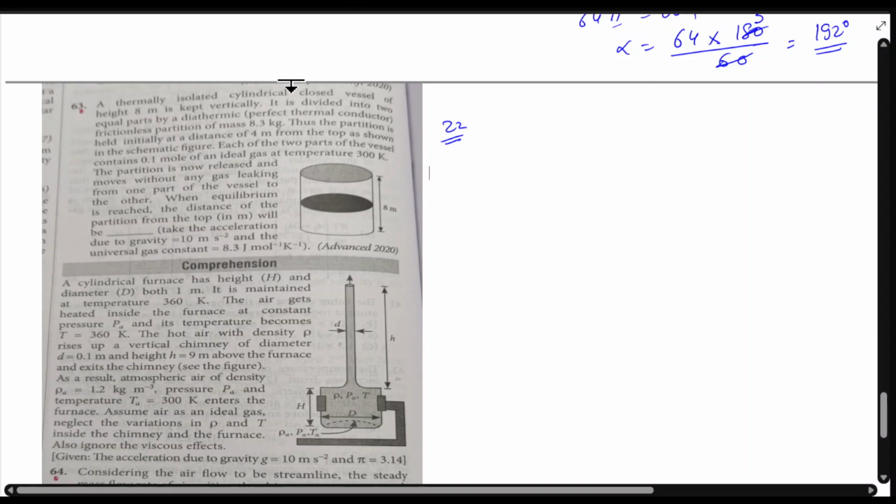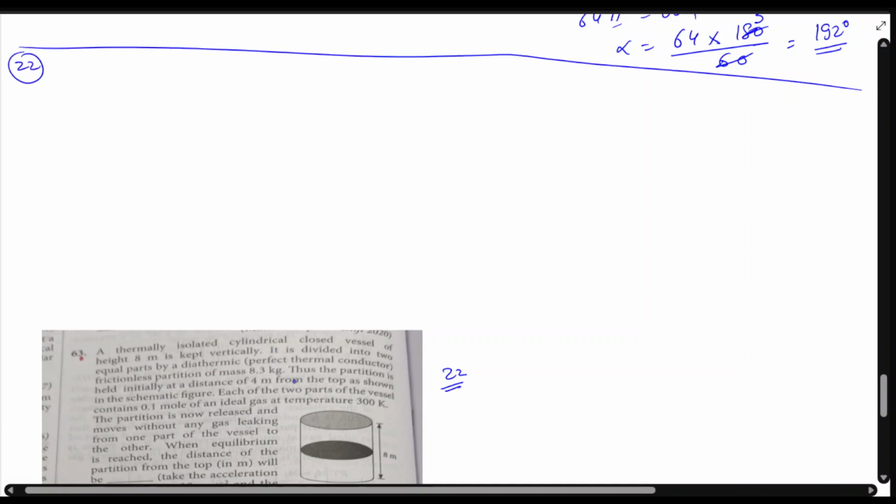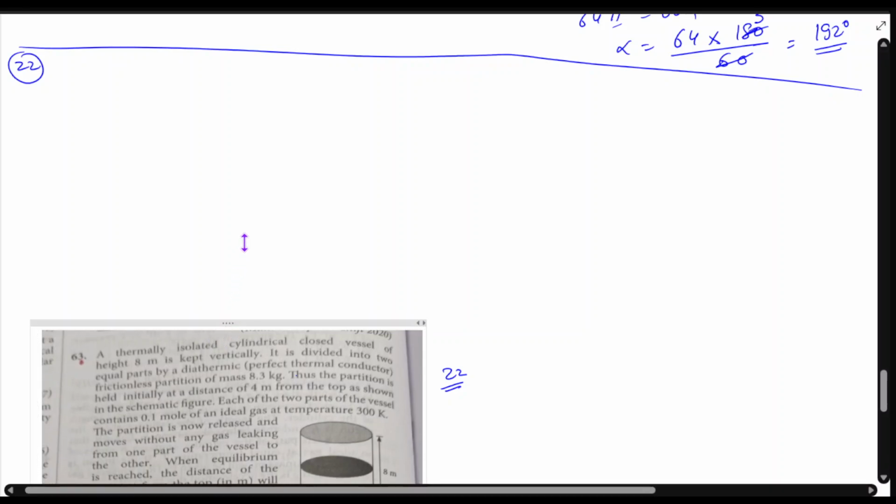We need a little bit of space here. 22nd. Now what is given in this question?